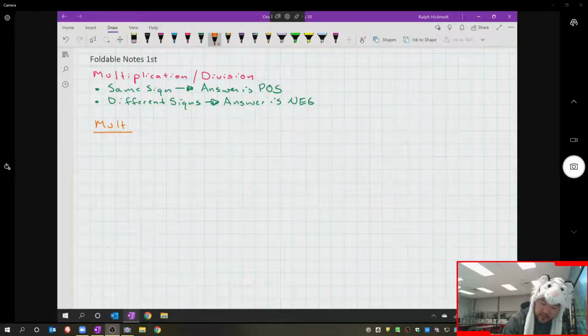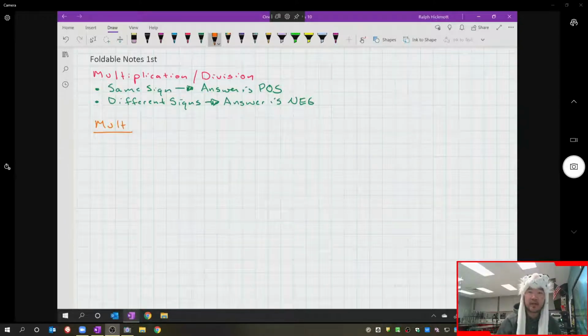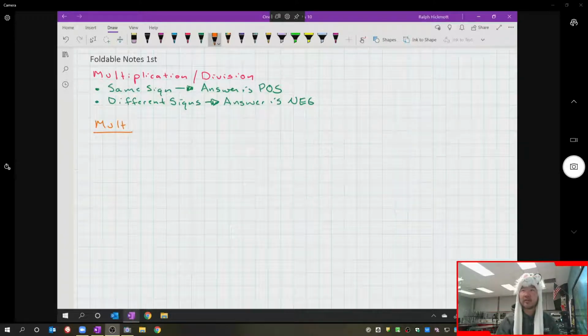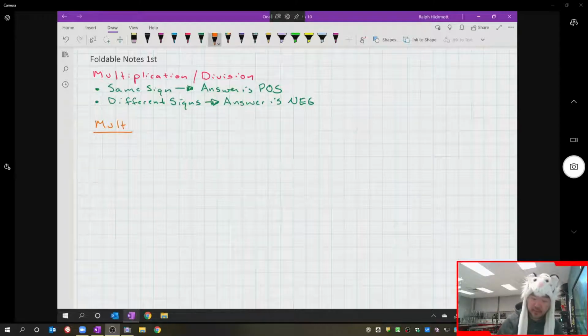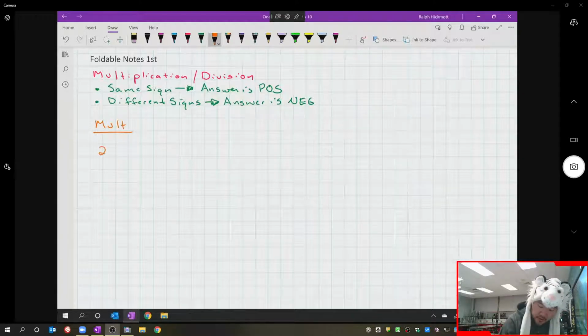So in your multiplication section, let's go ahead and do a couple core examples. And on the side, I'm going to not only talk about things that verbally go through my head, but also write down little tips and tricks to ensure that we get a little more comfortable with the multiplication. So I'm going to show you two examples.